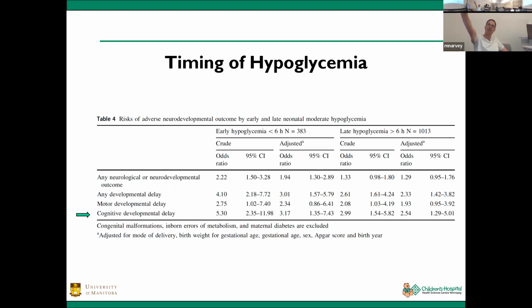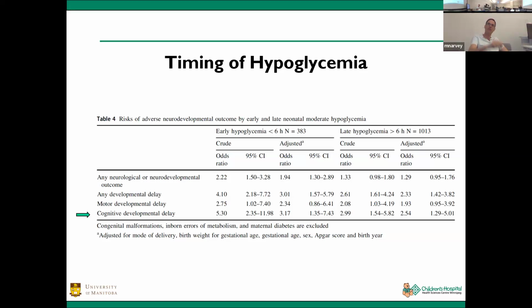Similarly, the other adjusted odds ratio was 2.54. So you're about 3 times as likely to have cognitive delay if you have blood sugars under 2.2 in the first 7 days of age, out of 101,600 births.